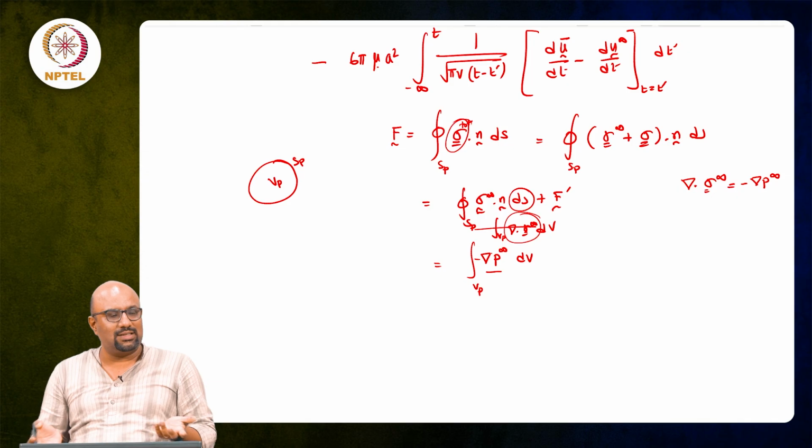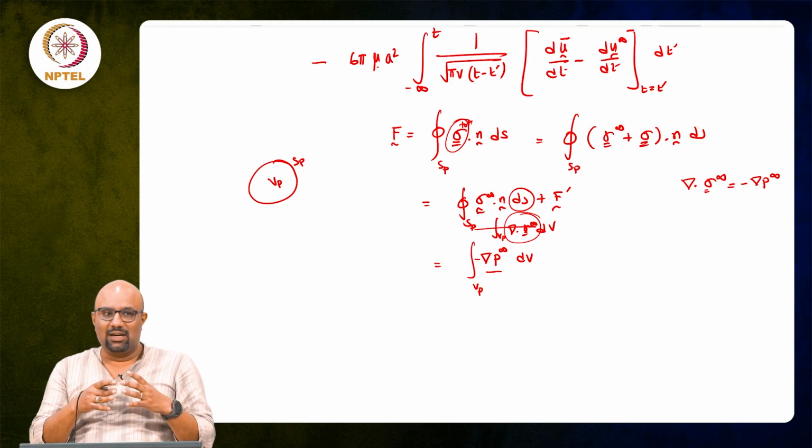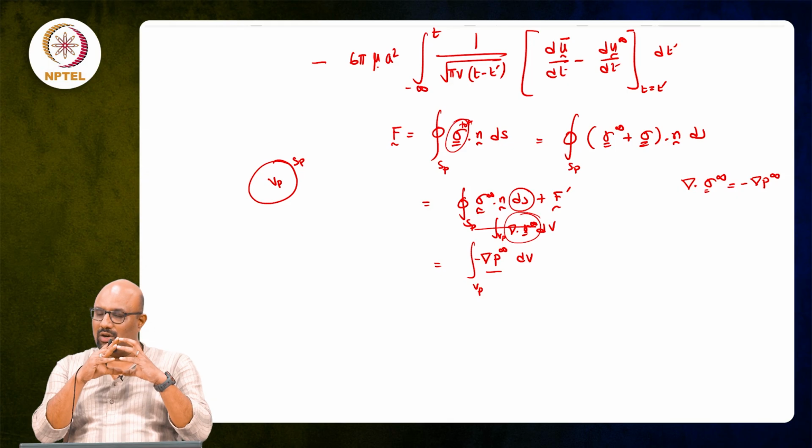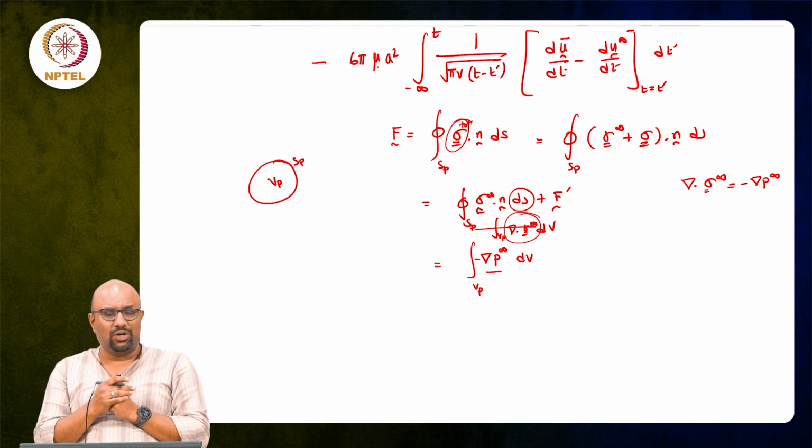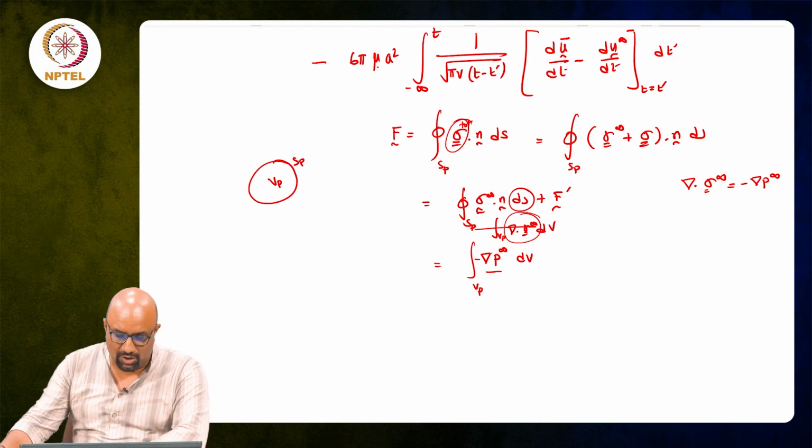Otherwise, what will balance the acceleration? That external forcing or pressure gradient, when evaluated on the control surface or integrated over the volume of that sphere, is going to give you a contribution. So, that is what we are saying.